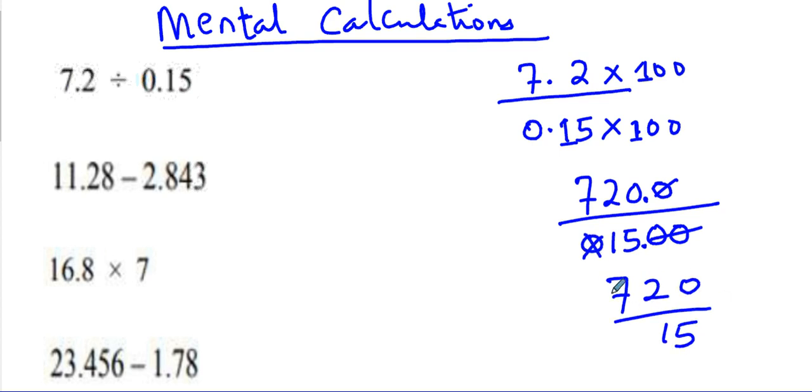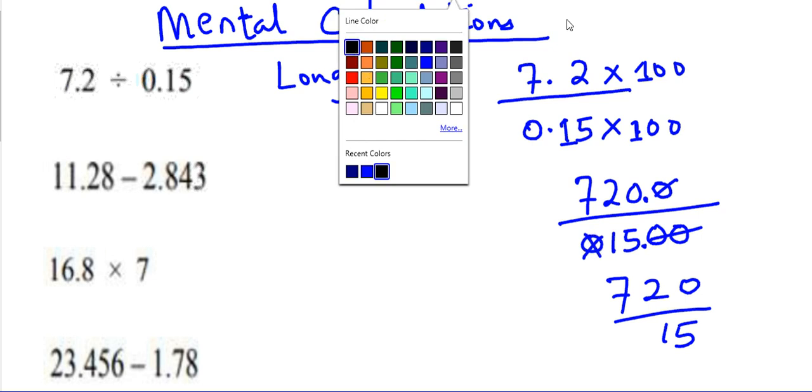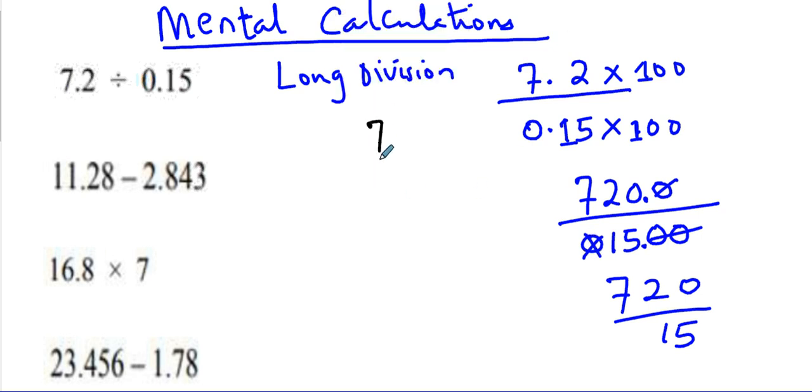15. Now use the long division method to do that. You take 720 divided by 15. 7 divided by 15 is not possible, so take 72 divided by 15.